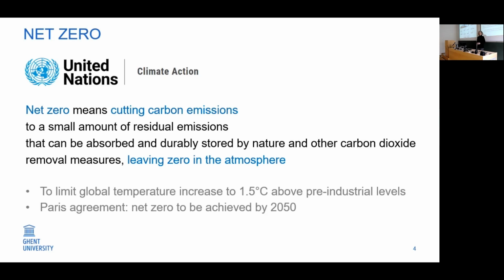And there are some specific targets that we want to reach, such as limiting the global temperature increase to 1.5 above pre-industrial levels, or achieving net zero by 2050.